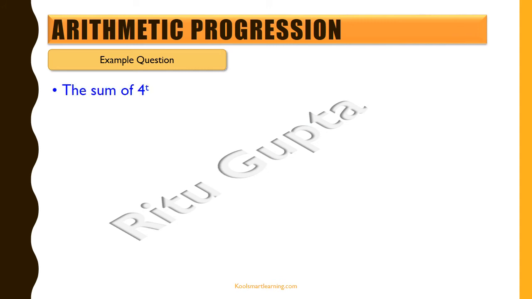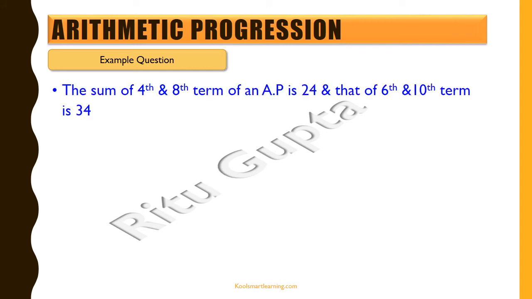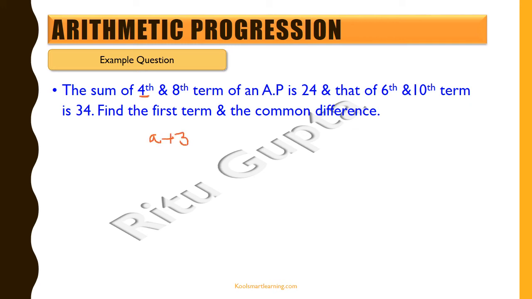So let's take up another example question. The sum of the 4th and 8th term of an AP is 24. That of the 6th and 10th term is 34. We want to find out the first term and the common difference. Now here the 4th term is A plus 3D plus the 8th term, which is A plus 7D.